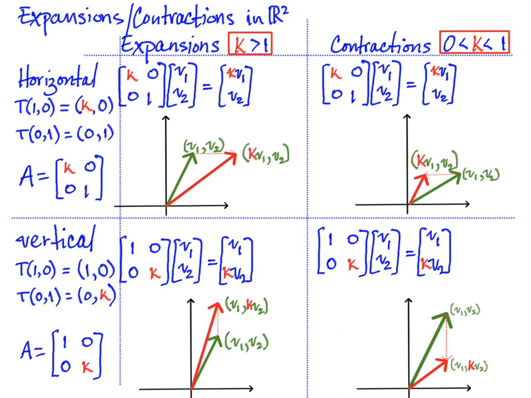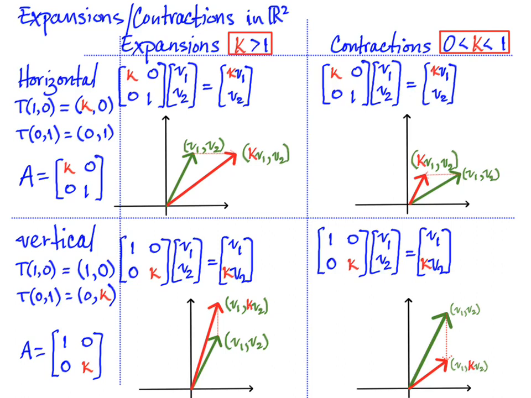Now notice those matrices. The first matrix, for the horizontal expansion or contraction, has rows k, 0 and 0, 1. So you can tell that's an elementary matrix. You can tell by looking at it that all you have to do to the identity matrix is multiply row 1 by the scalar k.